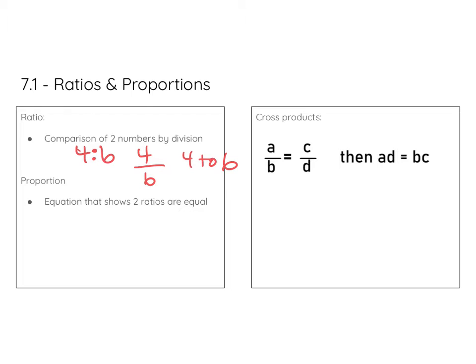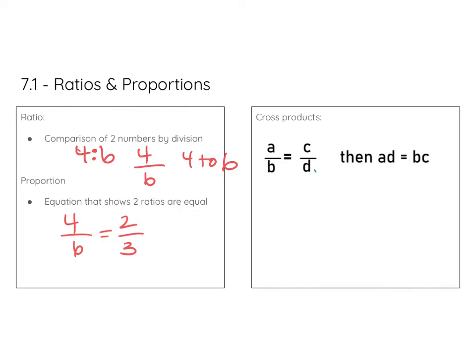Okay, a proportion is saying that there's two ratios that are equal. So I could say 4 over 6 is equal to 2 over 3, right? So adding that equal sign and a second ratio that's equivalent is what makes something a proportion. When we look at proportions, we use the cross product, which again, hopefully you guys have seen before.